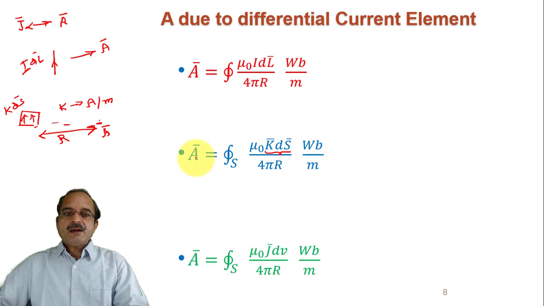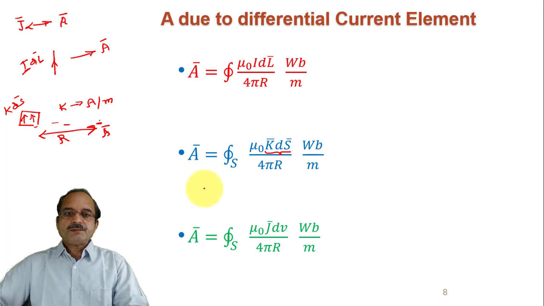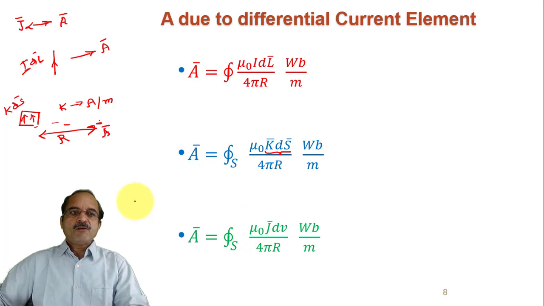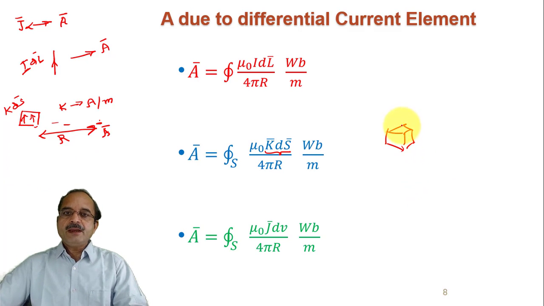In the same manner, if it is the volume current element dV, in this case J is the current density in ampere per meter square.